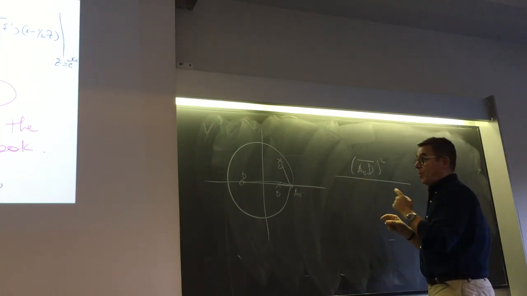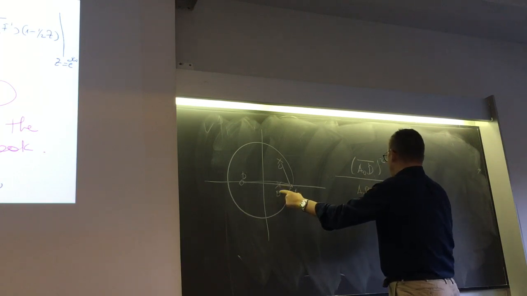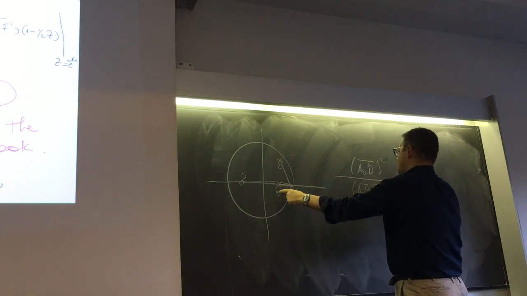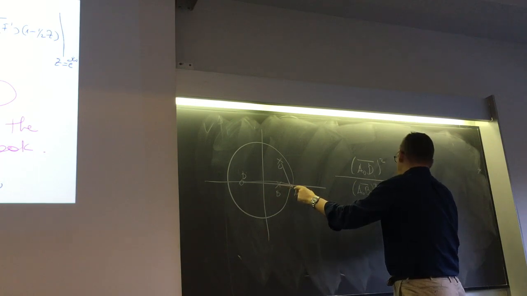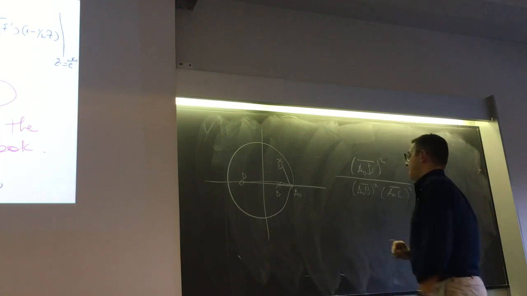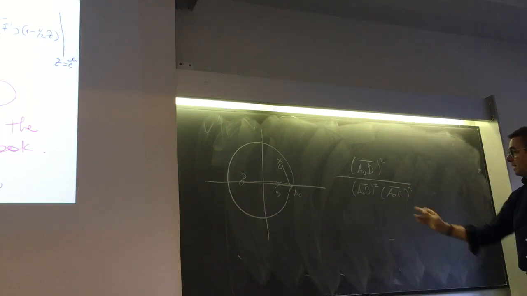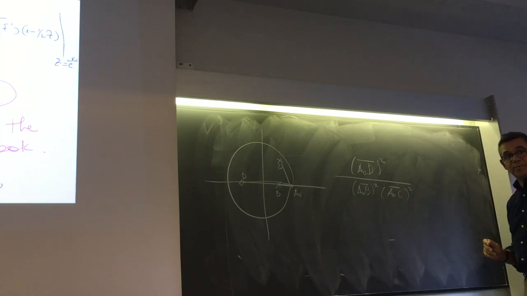So for the pole I have A0 to C, distance squared. In this way I compute the power spectral density at omega equals 0.